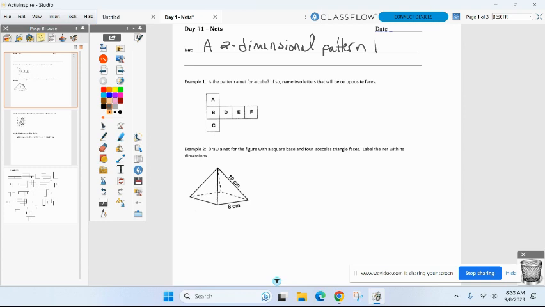That can be folded to form a three-dimensional figure. Okay, so the net starts out two-dimensional. I fold it up, it becomes three-dimensional.